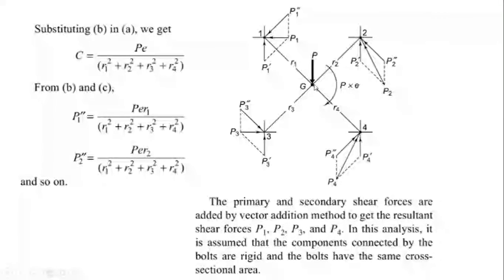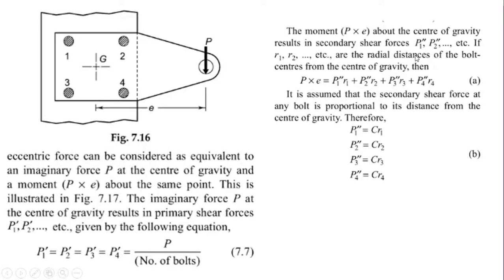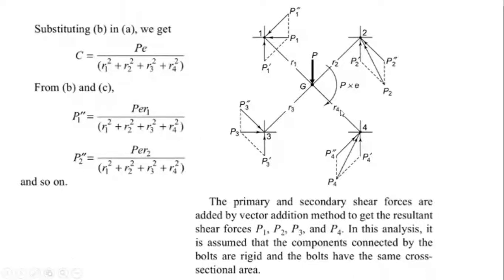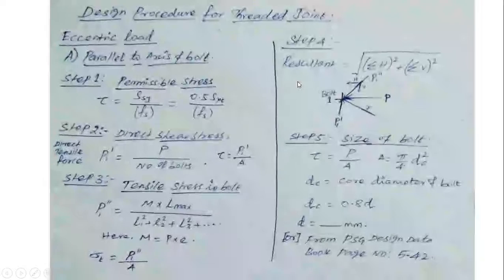This distance is called a radius: radius 1, radius 2, radius 3 and radius 4. From the center point of the bolt to the center of gravity point G, this distance is called the radial distance.